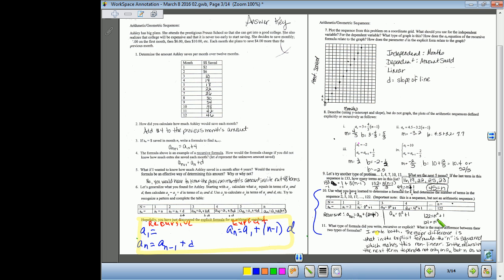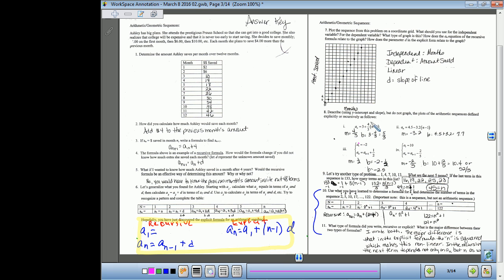If we look at it, it actually looks to be quadratic, doesn't it? So can we create a recursive and an explicit formula? Yes. But does it fall into what we're studying right now? No, not so much. So what we're looking at first is arithmetic. Any questions on these 2 pages? And then I'll come by and check the second 2.